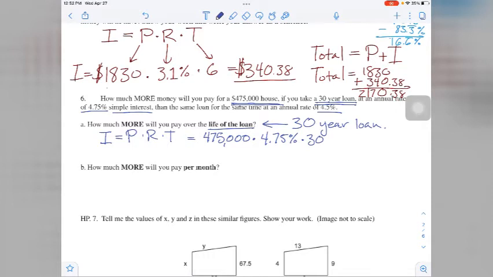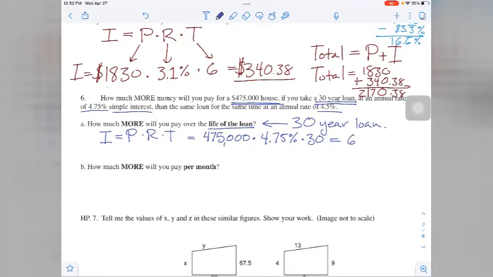It is an annual interest rate, so it's happening every year for 30 years. And when I put all of that into my calculator, I come up with $676,875. That is just the interest on this loan. So that means I have to pay the $475,000 plus the interest.